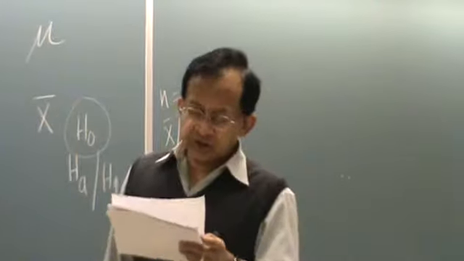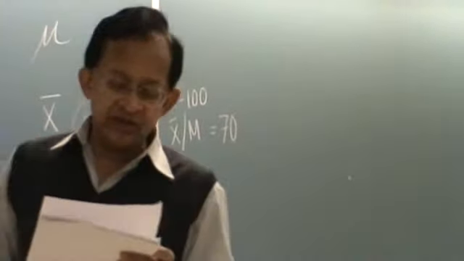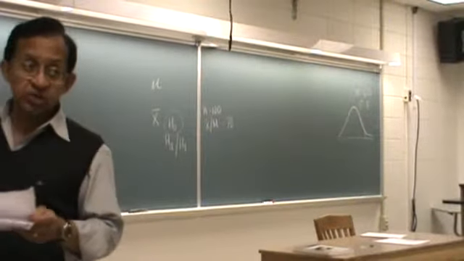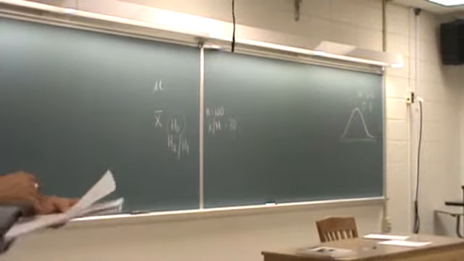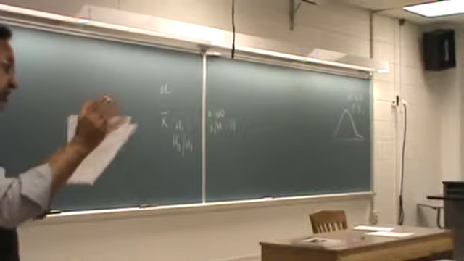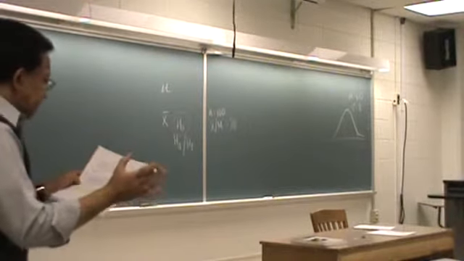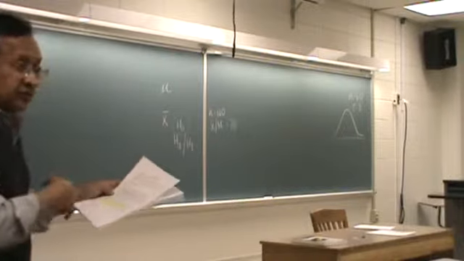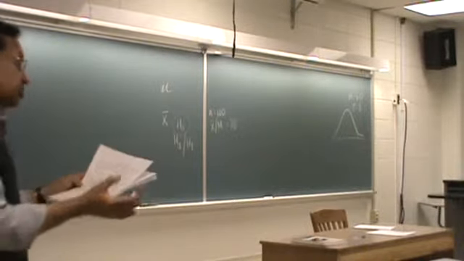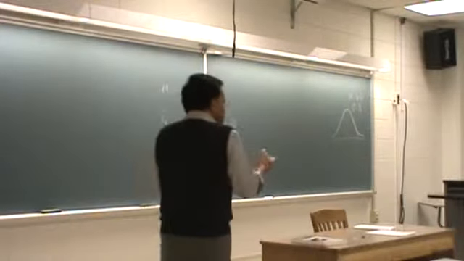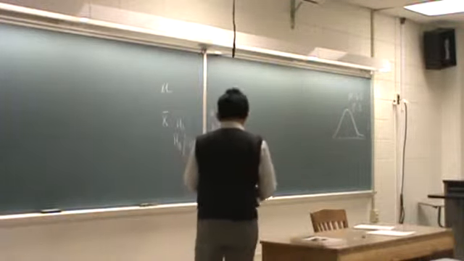Now the question is, does the sample mean of 70 differ enough from the population mean of 60? Is that difference big enough to conclude that the tutoring really had an impact and made the difference? Can we make that kind of conclusion?